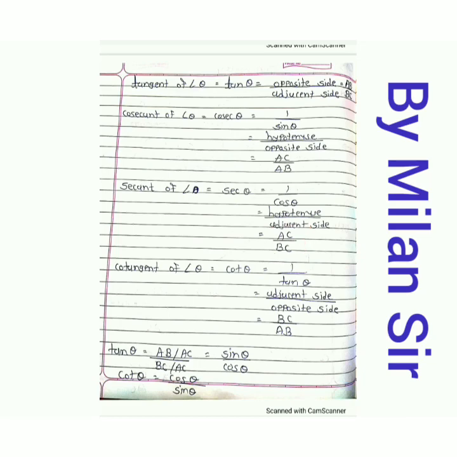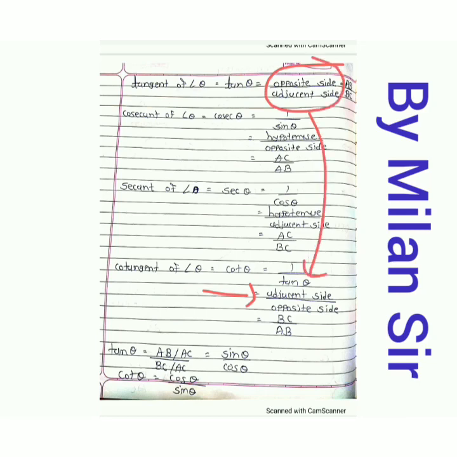Now same way, cot theta is an inverse of tan theta. So we can say that tan theta is inverse of cot theta. The full form of cot theta is cotangent of angle theta. Now inverse the formula of tan theta. Formula of tan theta is opposite side upon adjacent side.